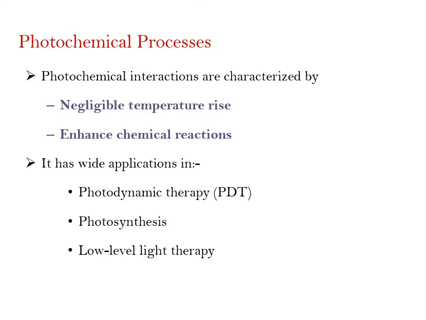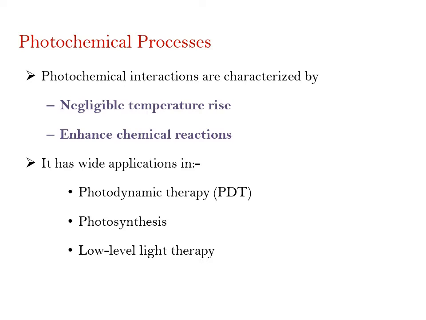In general, the photochemical process is characterized by a negligible temperature rise and enhanced chemical reactions. As the name implies, the light-tissue interaction will result in chemical change in the molecule or in the tissue. In most cases, wavelengths in the visible range are used because of their high penetration depths.